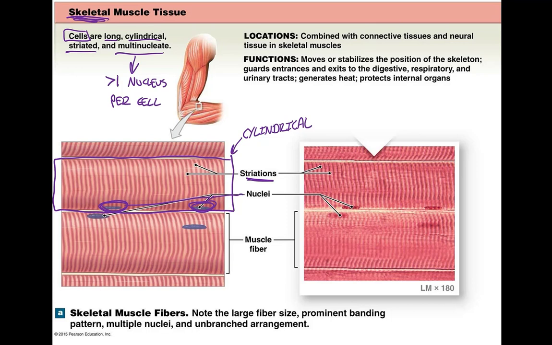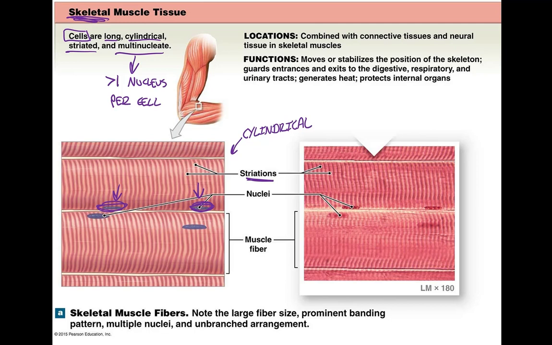All right? That is something very distinctive. Notice where the nuclei are located. We'll revisit this again later as well. Notice they're shoved along the edge of the cell. They're not out here in the middle somewhere. They're stuffed along the edge. That's another very distinctive trait. The nuclei on these cells are shoved to the edge of each cell.